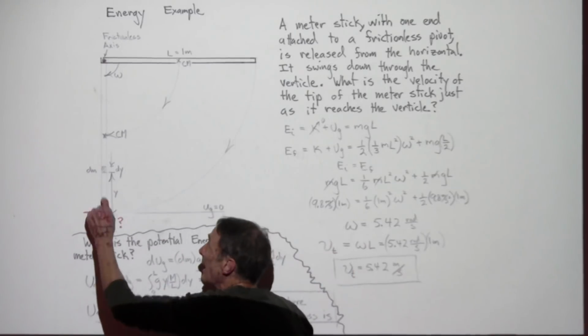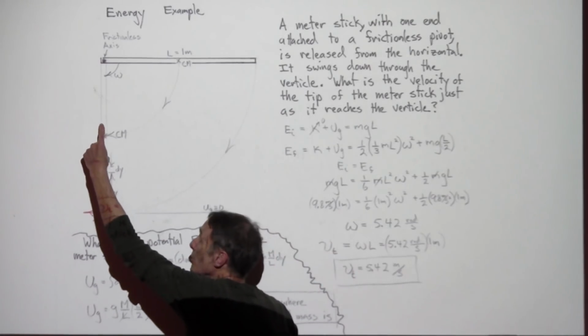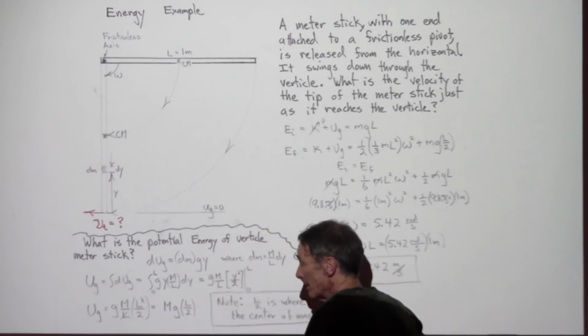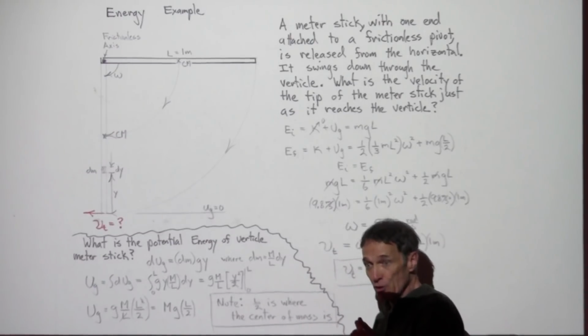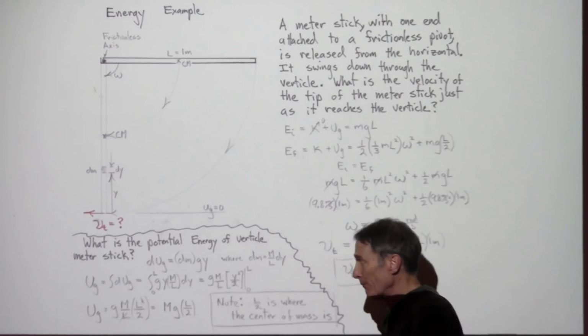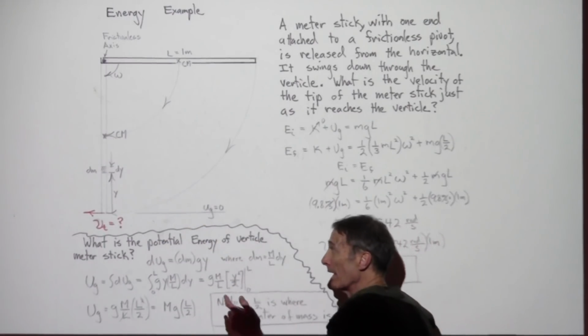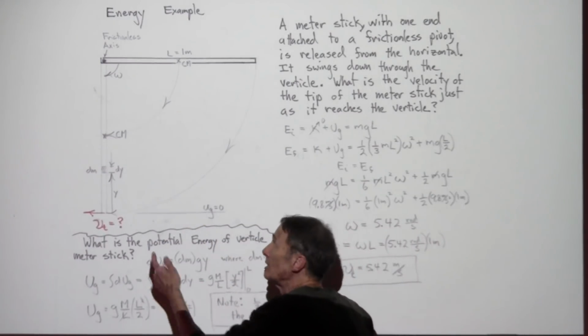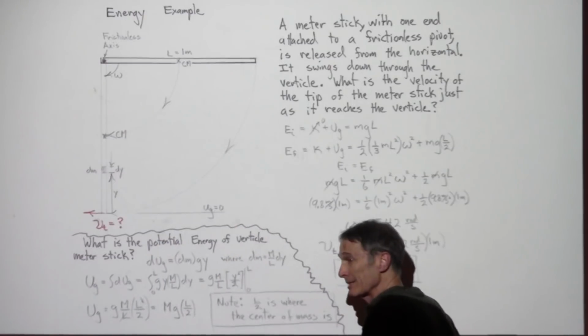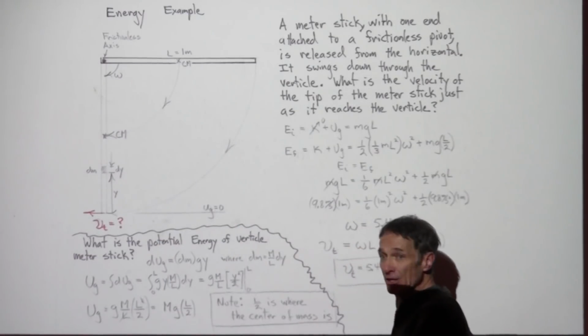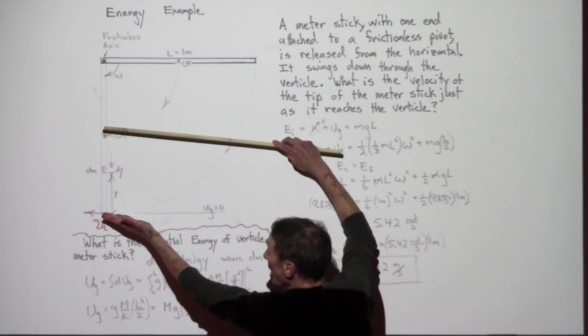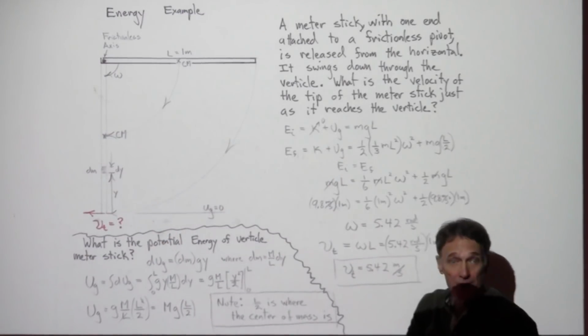It actually has a potential energy as though the whole stick is there. And as far as doing problems, you're going to be totally fine. You're not going to do this. You're just going to say, center of mass. And measuring for the potential energy, I want to use the position of the center of mass to get my h. So mgh, that h is the distance to the center of mass.